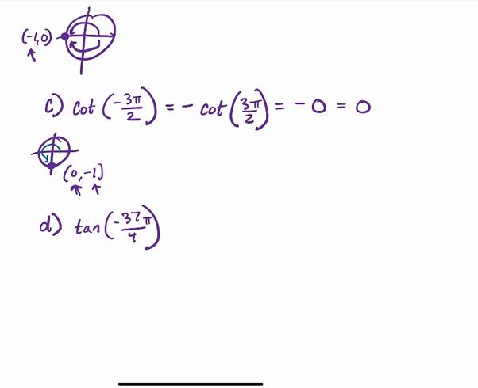So if we try to find a coterminal angle with this, you'll find that 37 pi over 4 is coterminal with 5 pi over 4. So you can try subtracting multiples of 2 pi from that. Or in this case, since it's negative, you could add until you should arrive eventually at 5 pi over 4.